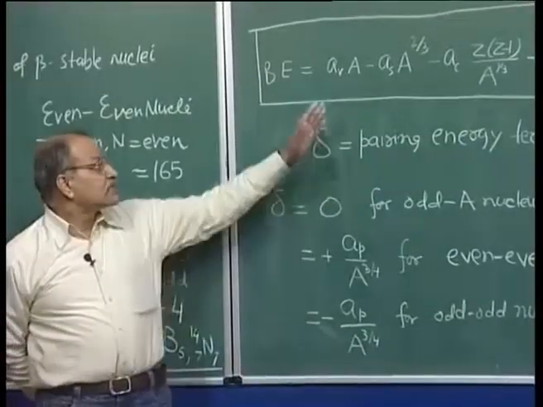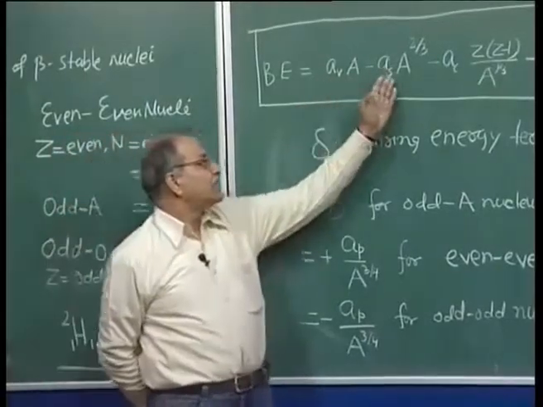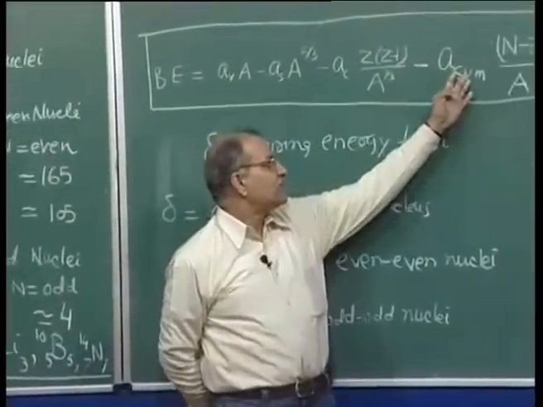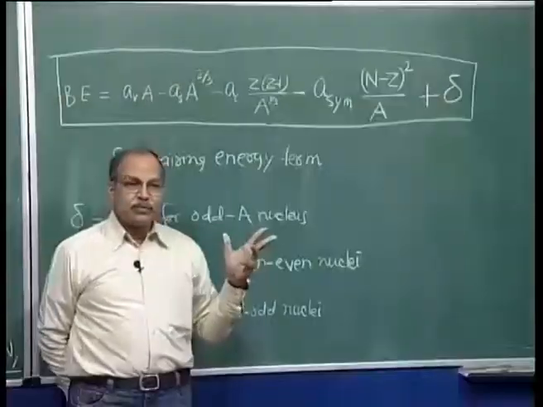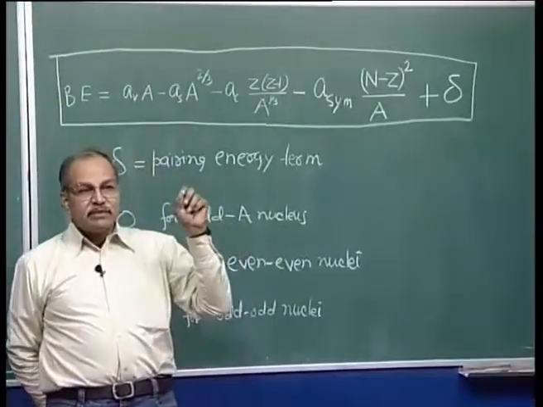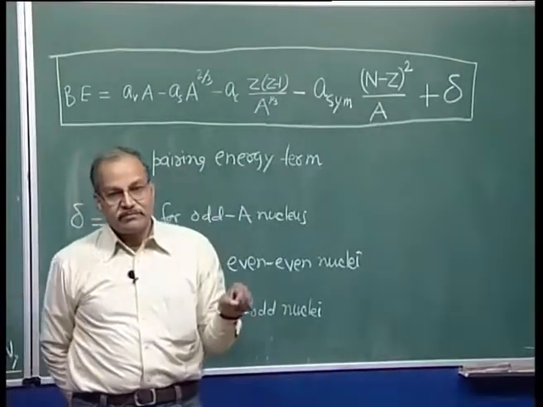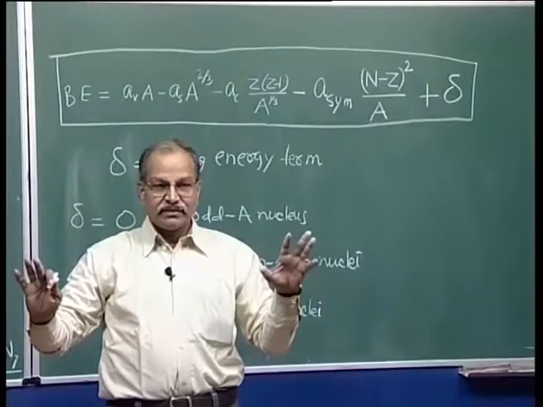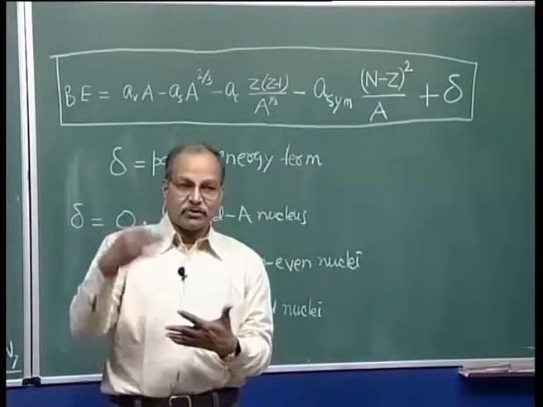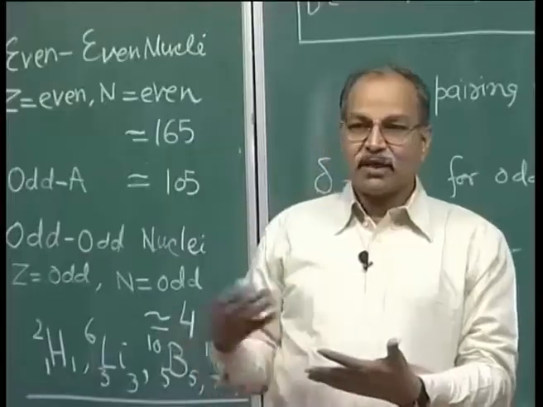Now, these constants: what is AV, what is AS, what is AC, what is A asymmetric, and what is this AP? These constants are to be determined from the measured masses of these nuclei. Atomic masses are very well measured; the proton mass is known, the hydrogen atom mass is known, the neutron mass is known.